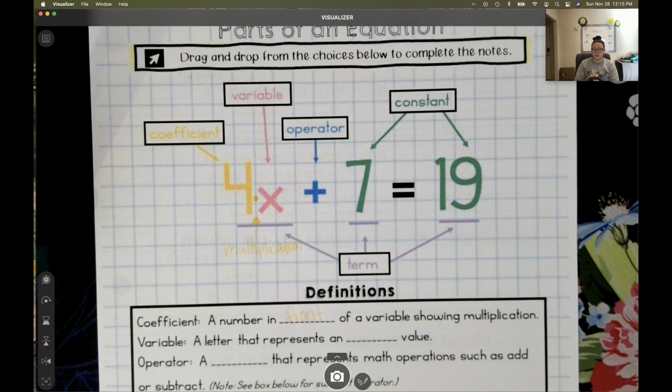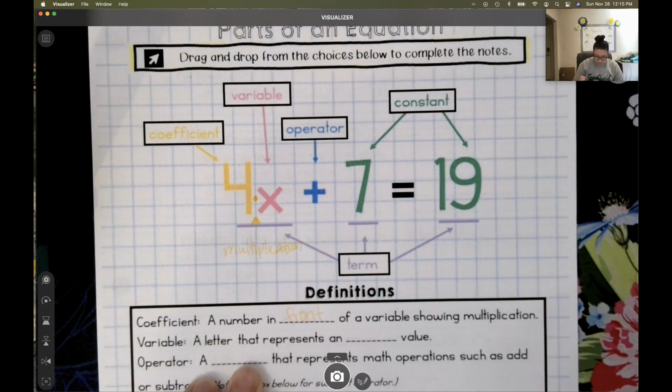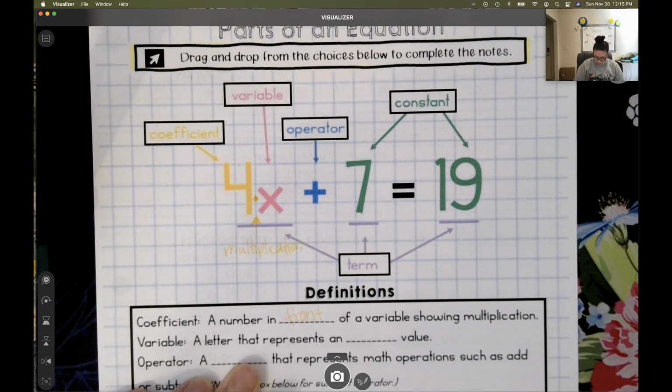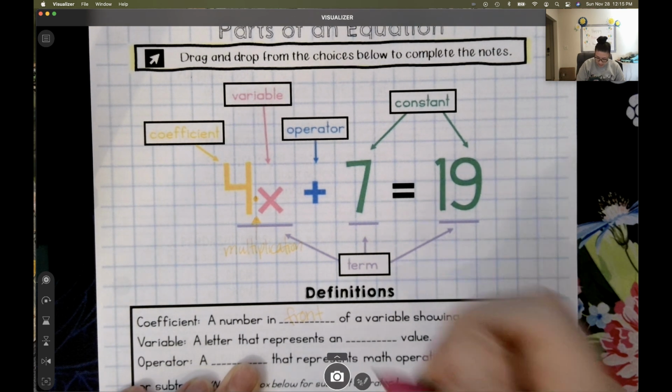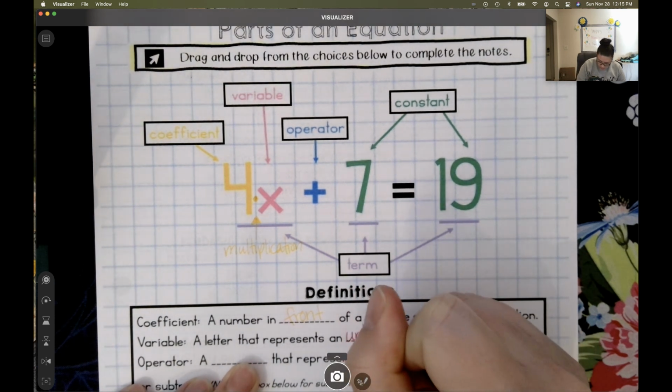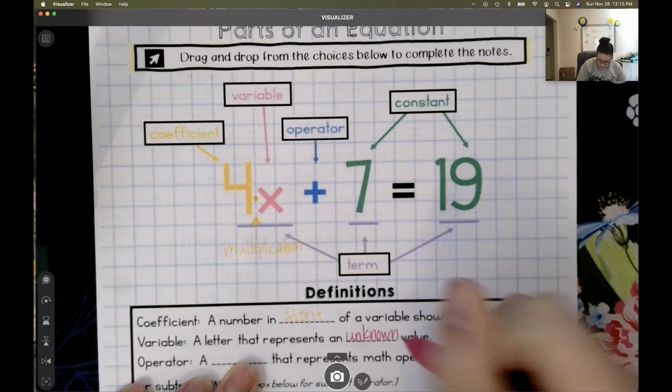In our notes today, you're going to be seeing people using parentheses to substitute to remind you that that means multiplication. Then we have our variable. A variable is a letter that represents an unknown value.